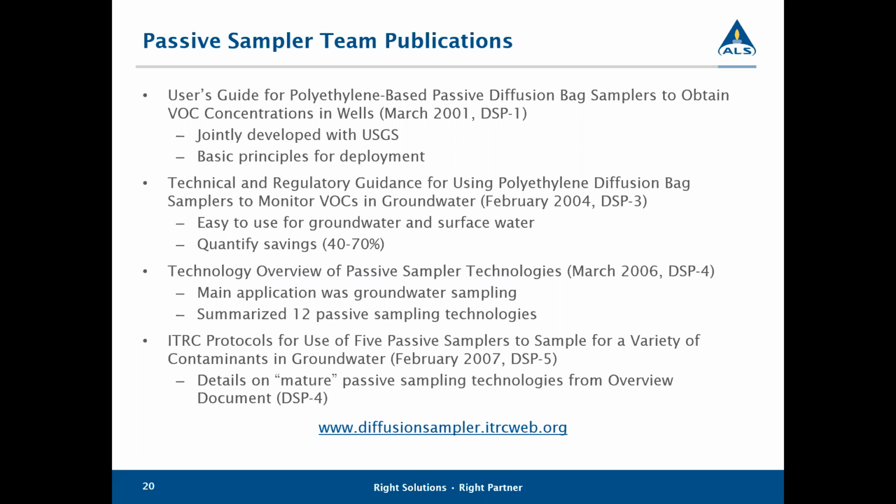There is actually a more recent one here, recently published, I believe 2020 or 2021. The most recent update, but it all more or less recaps the same information of applications for groundwater sampling, when they should be used, when they shouldn't be used, what contaminants to use these for, and any drawbacks. So it just goes much more in depth than I'd be able to here in a half-hour webinar.